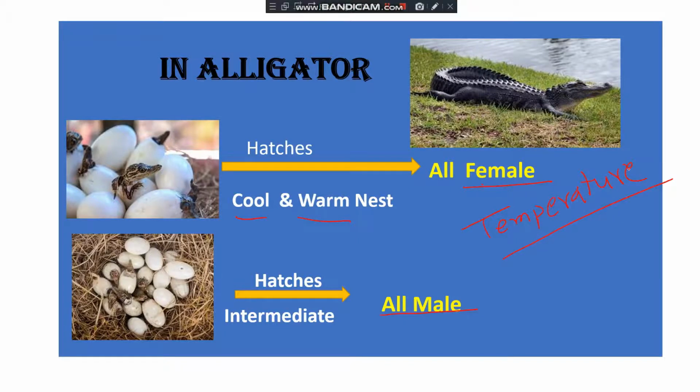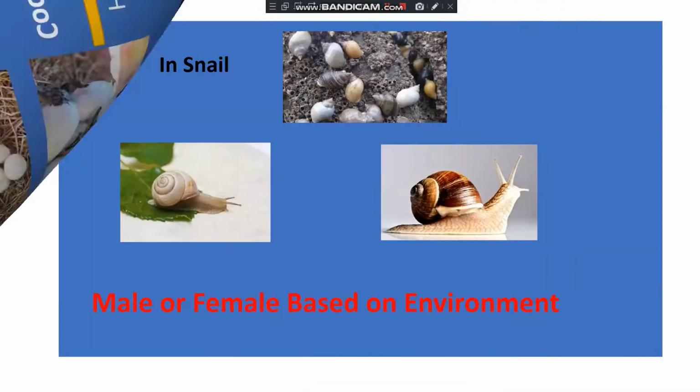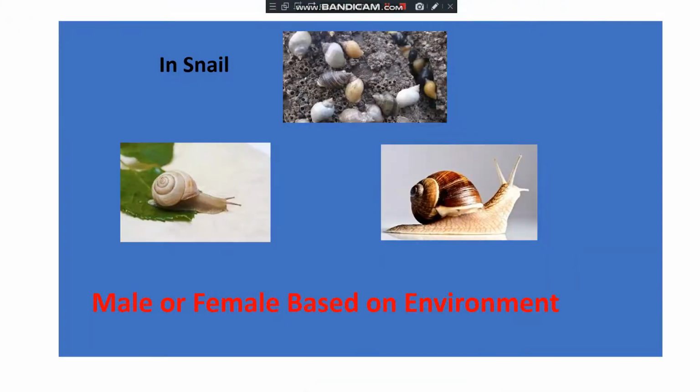Clear? One more example is snails. Whether a snail will be male or female depends on the environment; they can change their sex. So the sex of the snail is not determined by its genes, it is determined by the environment.